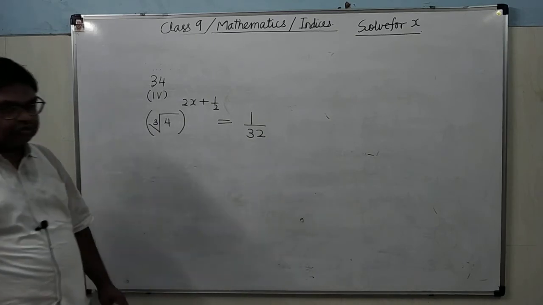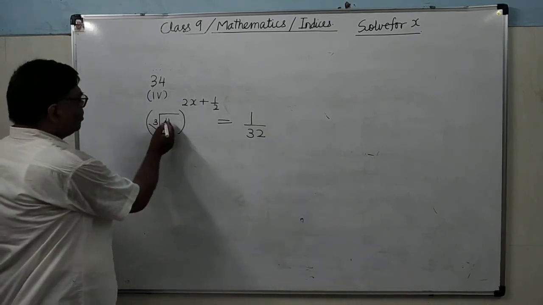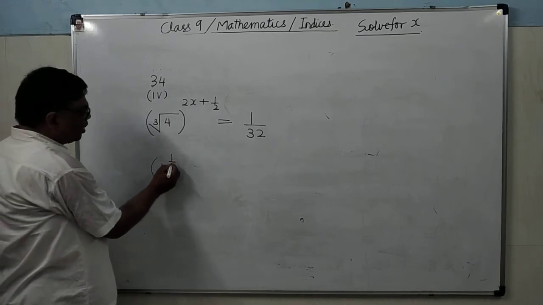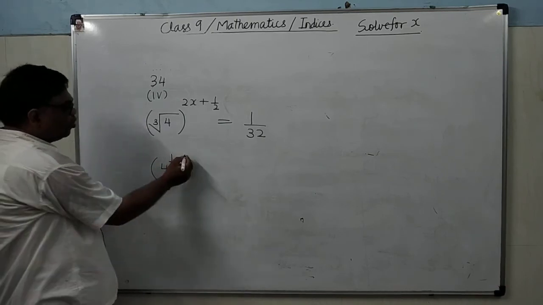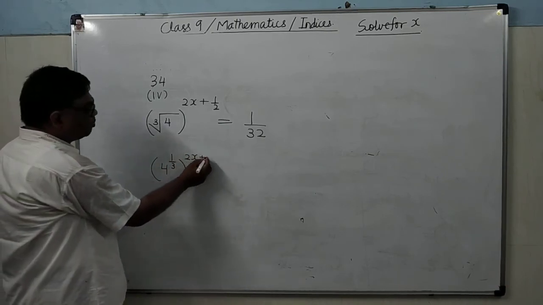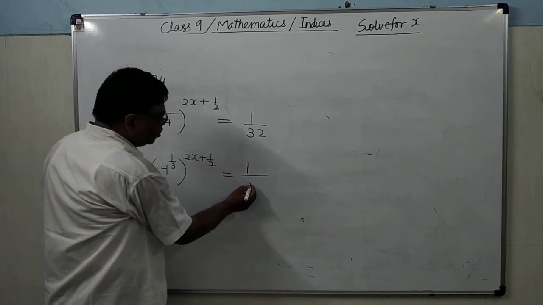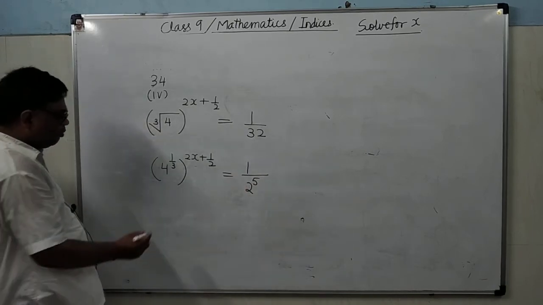Now this is also very simple. Here you can write this as 4 to the power 1 upon 3, because it is cube root 4, whole to the power 2x plus 1 by 2 equals 1 upon 2 to the power 5. Now powers will multiply.